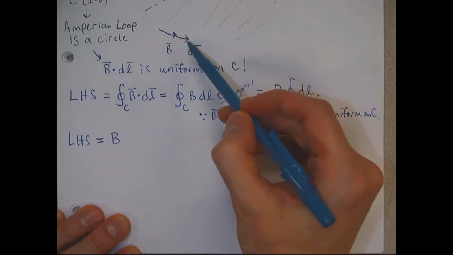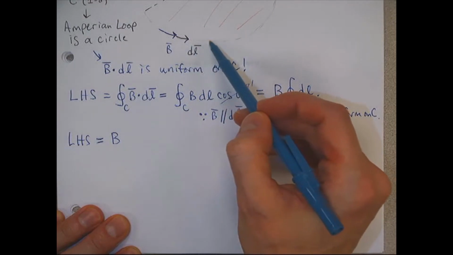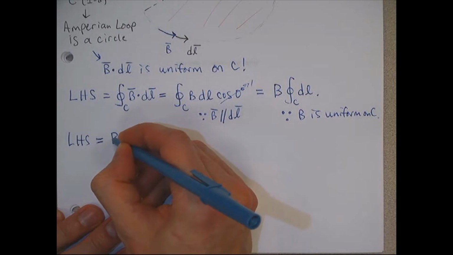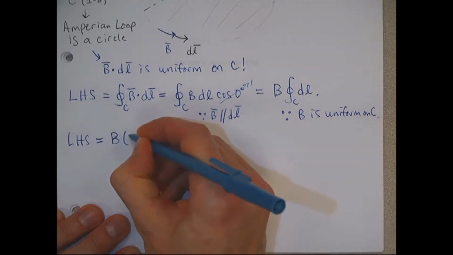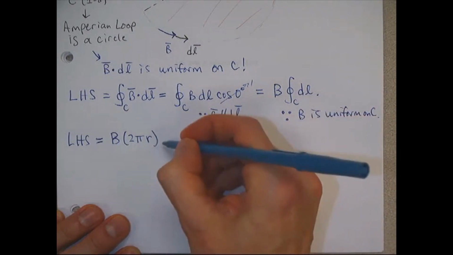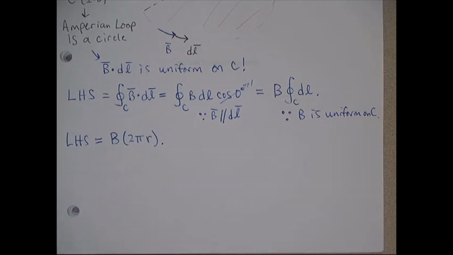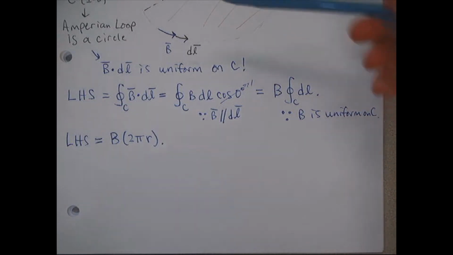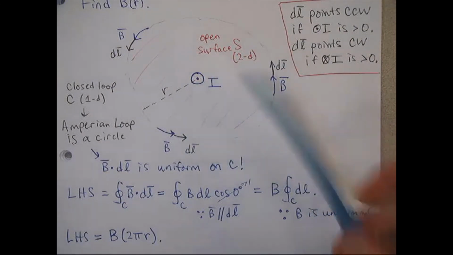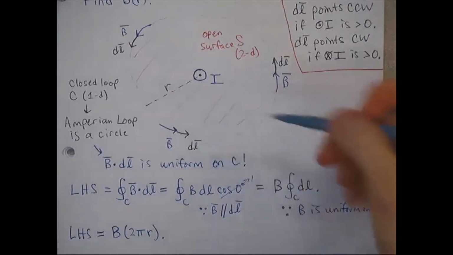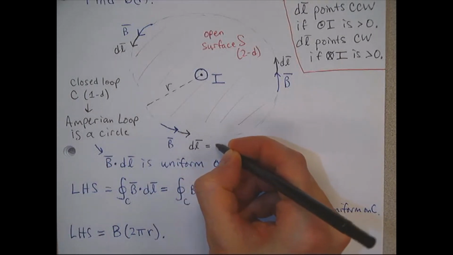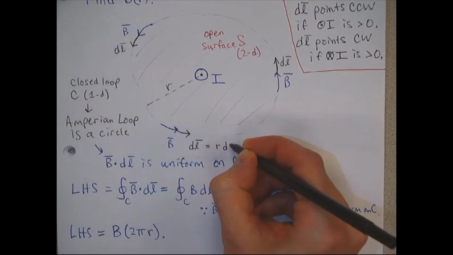All that's left is to add up the infinitesimal length dl around a circle. Well, that's the circumference, and I'll accept the step going from here to here. That's going to be 2 pi r, or you can prove it to me that dl is r d theta.